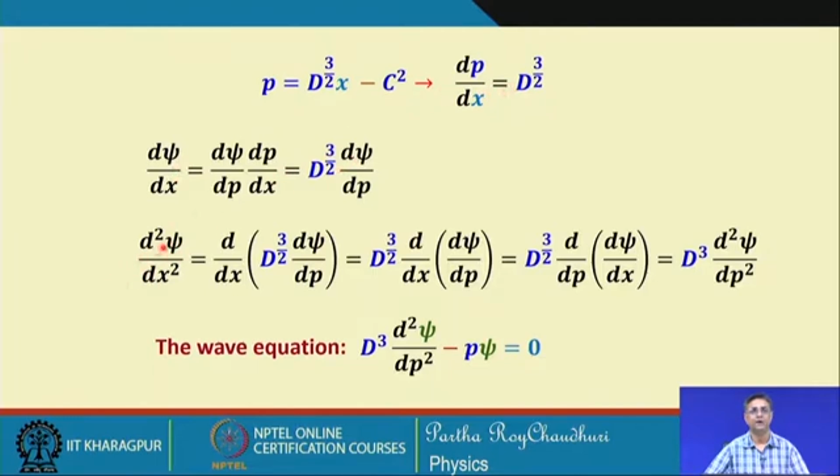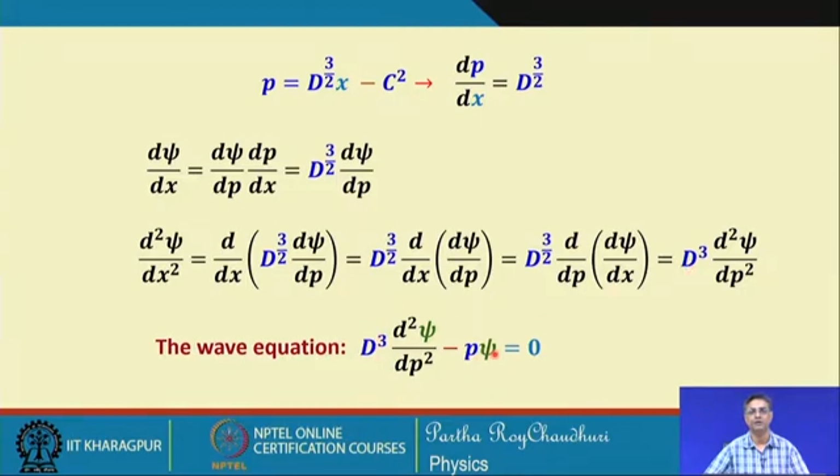So, del 2 by del x square can be represented by this change in the variable in terms of dp. For every differentiation you get this quantity d to the power of 3 by 2, if you do it twice you get d cube, and therefore, the equation becomes this.